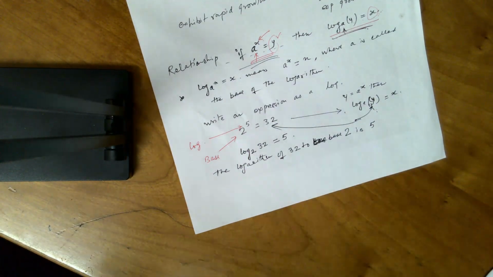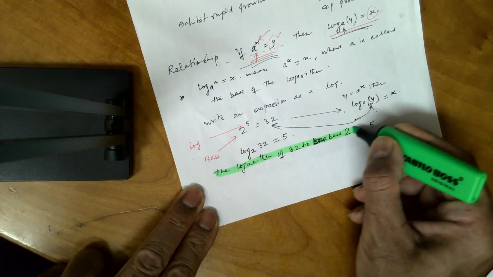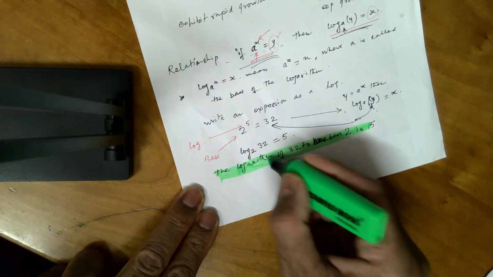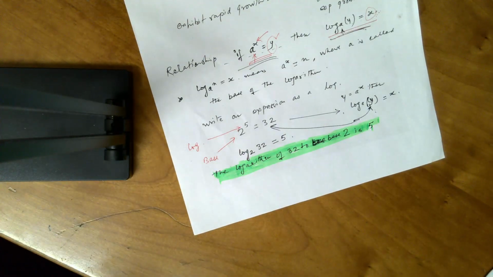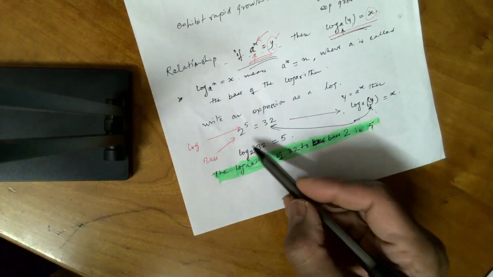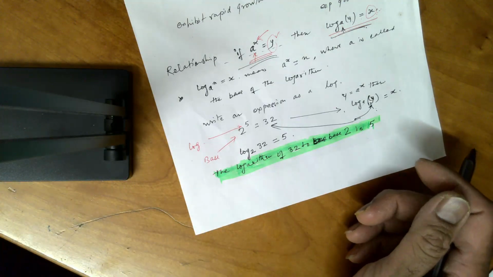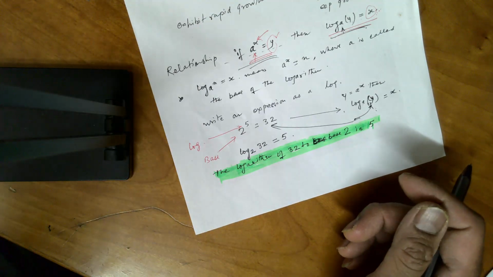Most of the time we will use this expression, but sometimes people say logarithm base 2 of 32 is equal to 5. That's also correct.